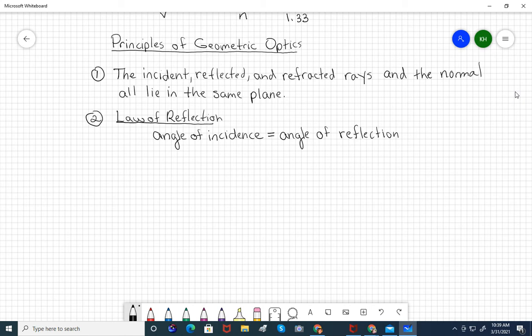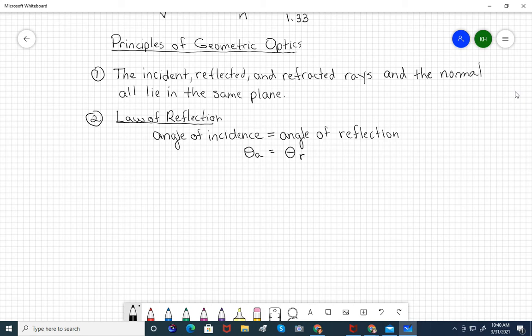Or if we want to use our shortened version, theta A is equal to theta R. We had that law before when we talked about waves. This isn't just true for light waves, it's true for sound waves or water waves or anytime you have a wave. So it's a pretty easy concept.